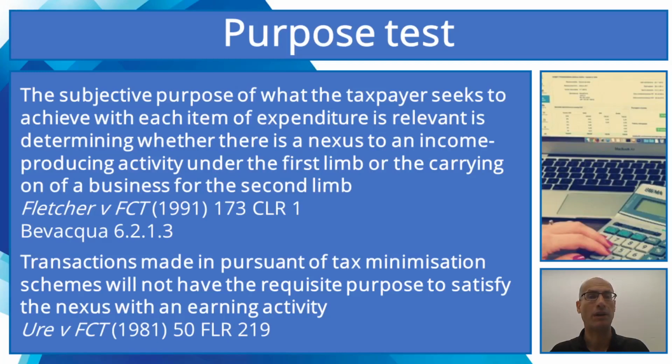And that's what happened with Uri and the commissioner. There, Mr. Uri had some loans, but he had them to family members. And ultimately, the courts say that in that sort of situation, where you've created these sort of artificial schemes, it's not going to have this requisite purpose in order to satisfy the nexus test under this third test.